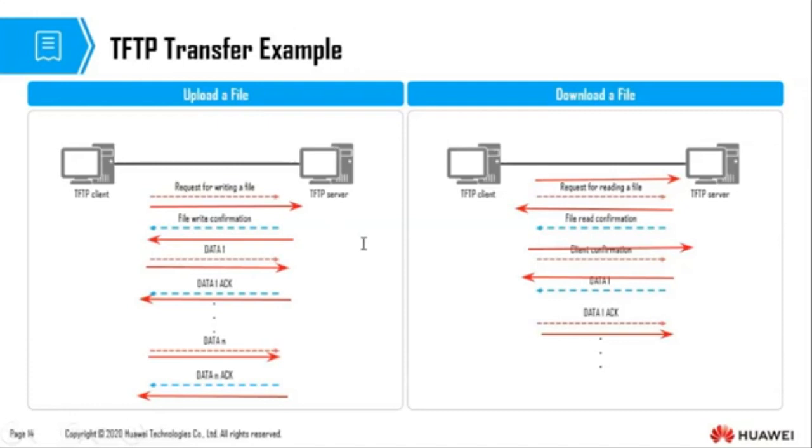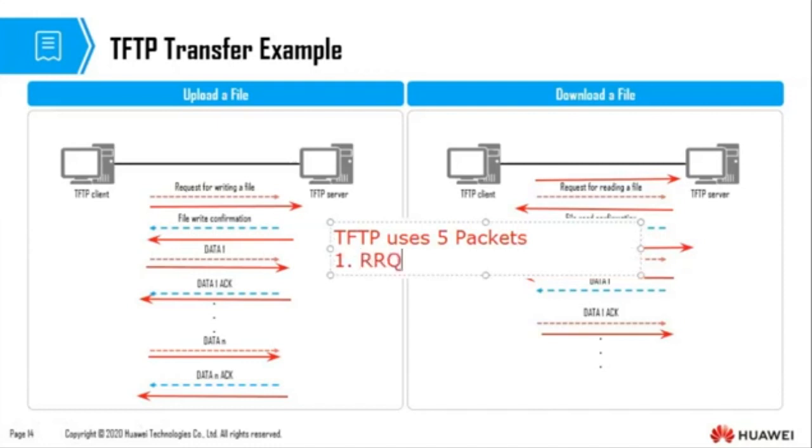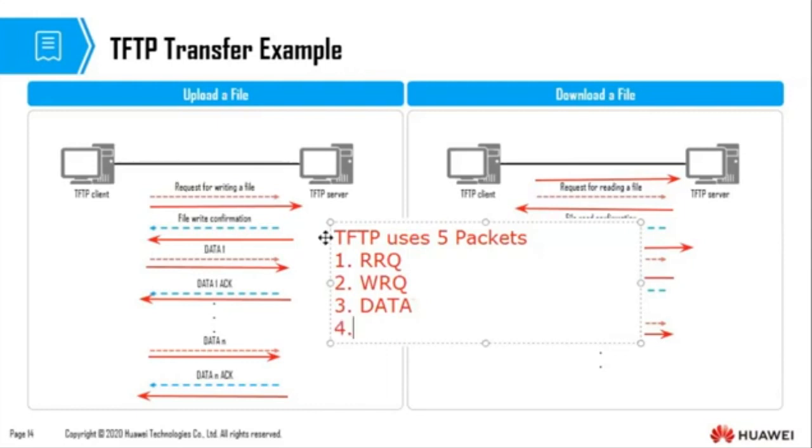Generally, TFTP uses 5 packets to achieve this. The first packet is called RRQ, the second one is called WRQ, the third one is called data, the fourth one is called ACK, and the last one is error. RRQ is read request.